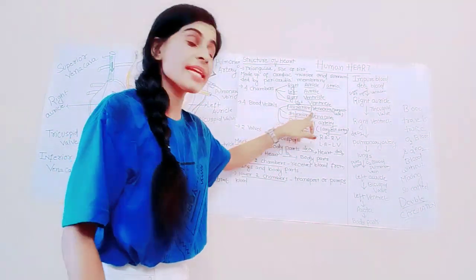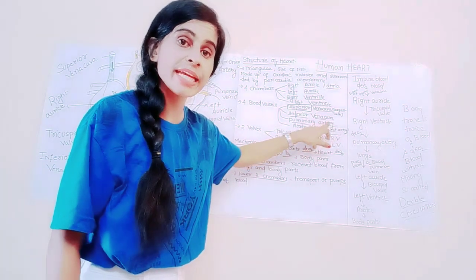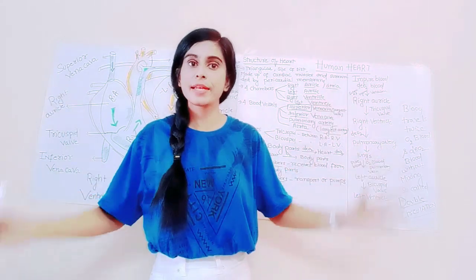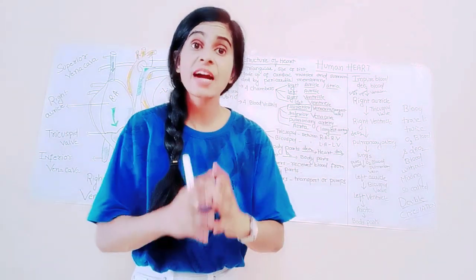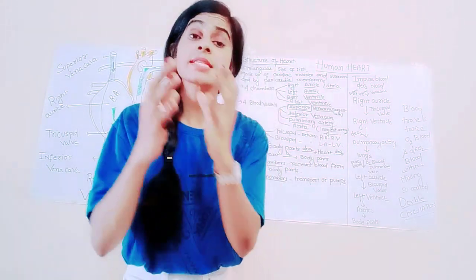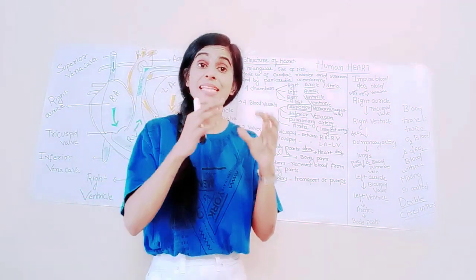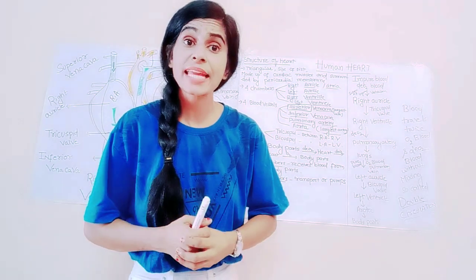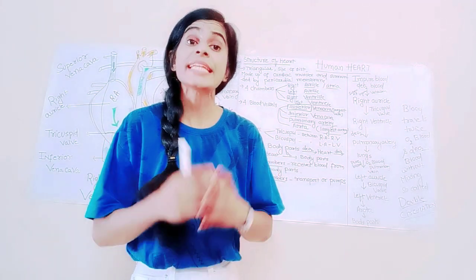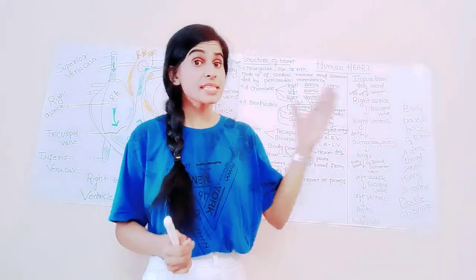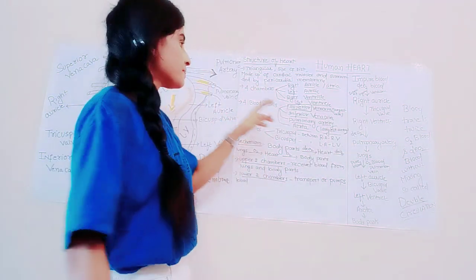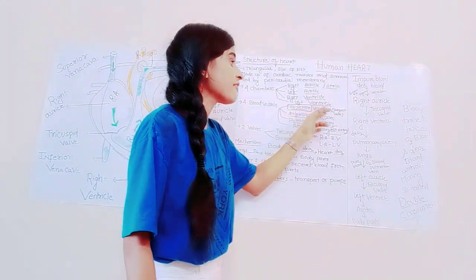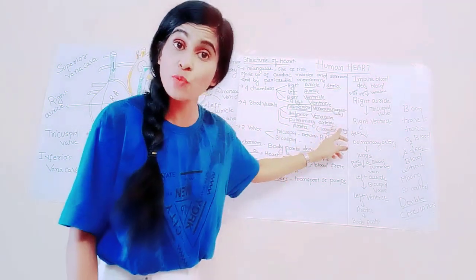Write it down. S-U-P-E-R-I-O-R, superior vena cava. V-E-N-A C-A-V-A. And it is the largest vein. We have discussed what a vein is. A vein always carries deoxygenated blood. We discussed this in my last video.